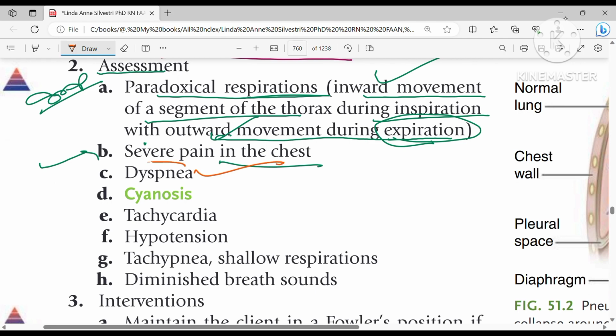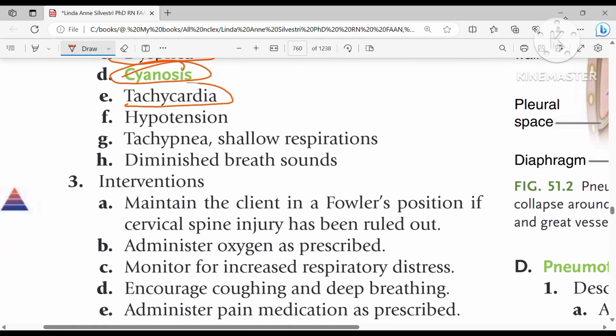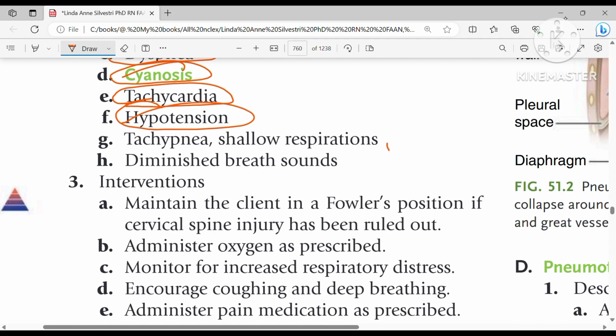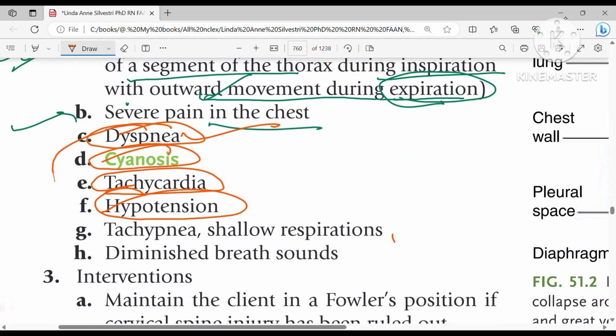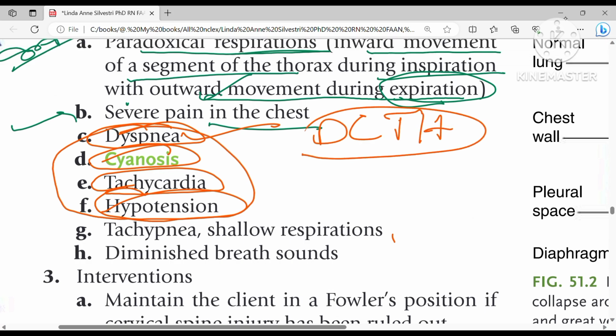Then dyspnea. The patient can be dyspneic, and cyanosis can occur. Then tachycardia can occur, then hypotension can occur. So these are all very important: DCTH, dyspnea, cyanosis, tachycardia and hypotension. And one more T is tachypnea.